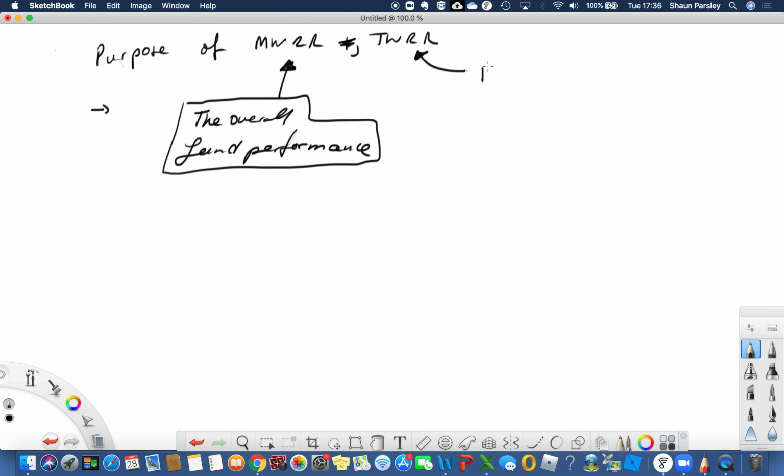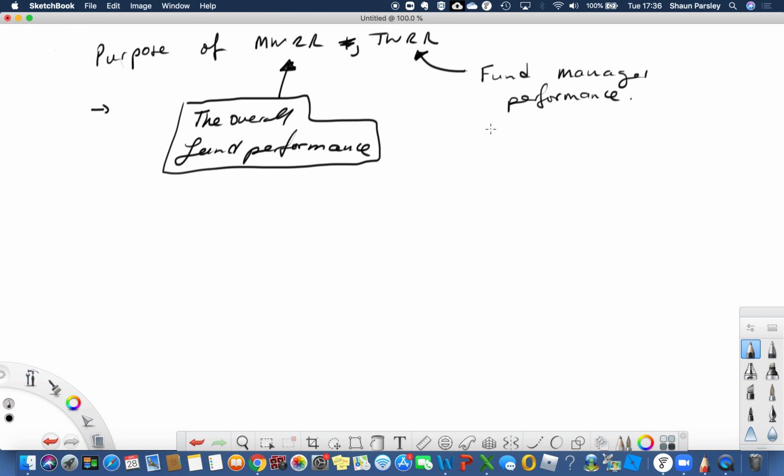TWRR is more about fund manager performance. The reason we strip out the cash flows is that you can get lucky with timing of cash flows, augmenting performance, or going the other way and ruining performance, destroying value.